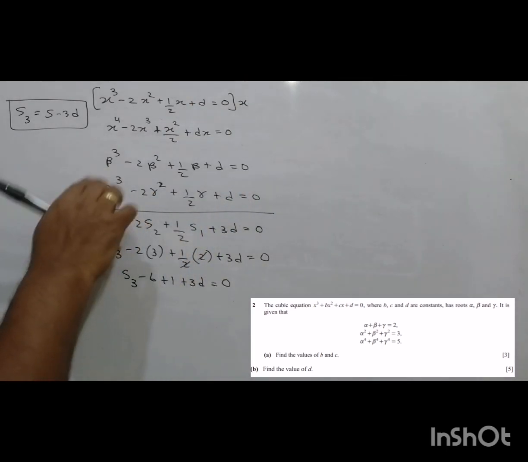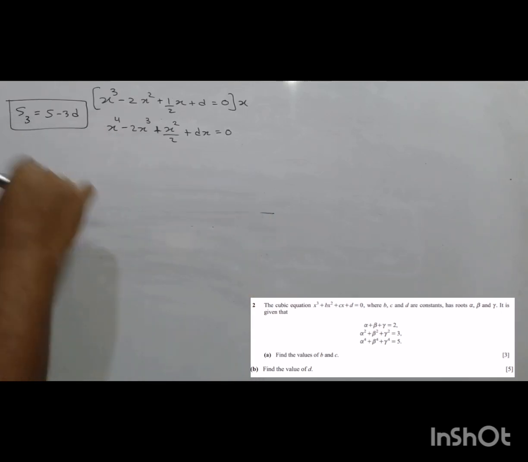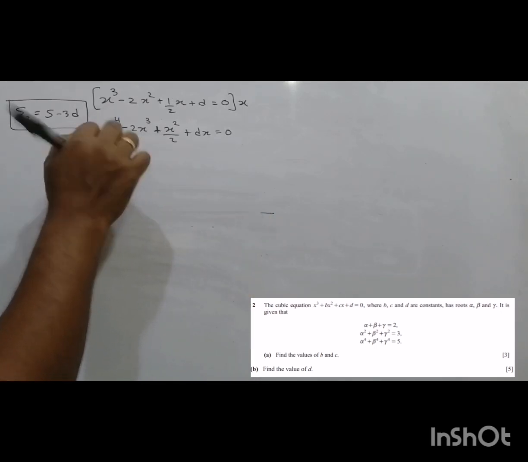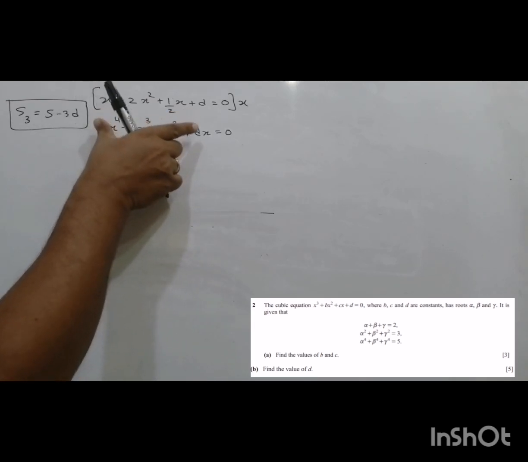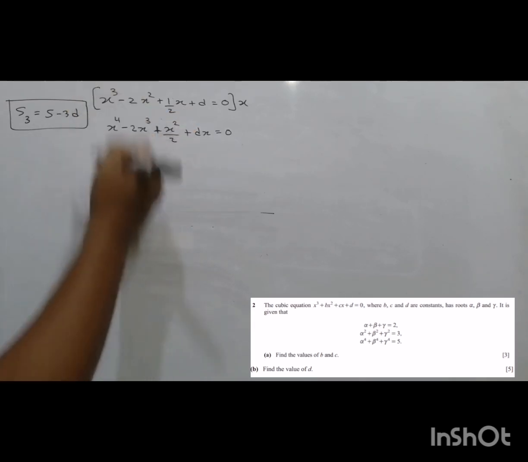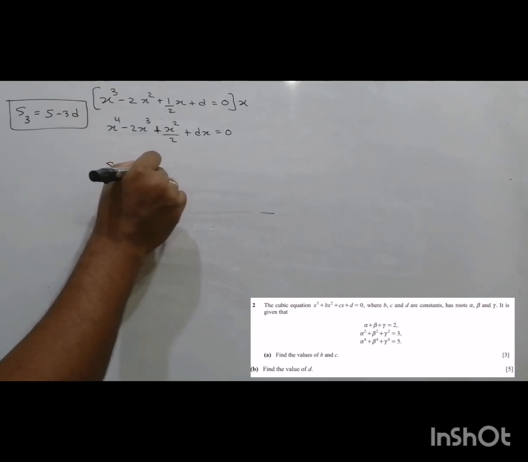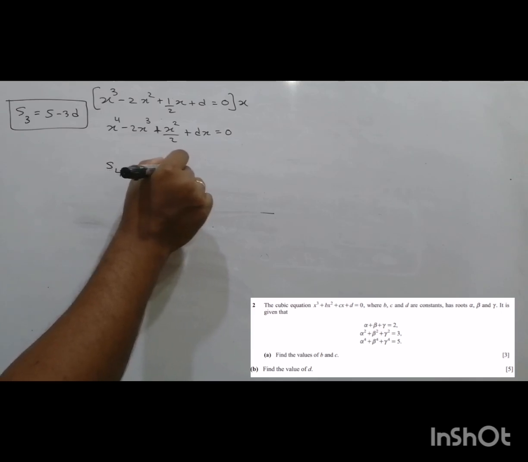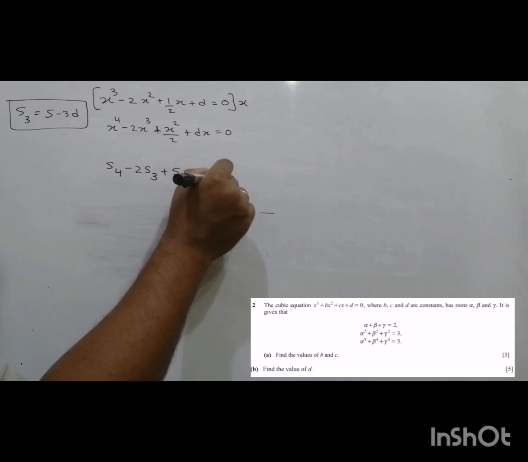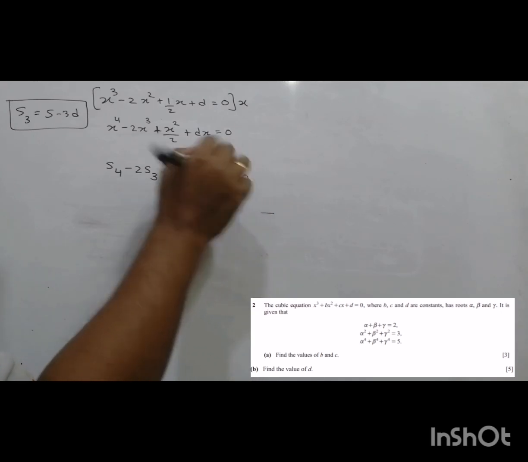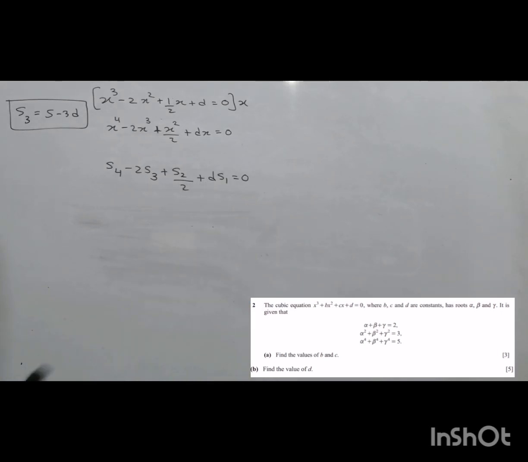Now we can do the same thing that we did earlier for S3. In this case, we would get S4 if we add alpha to the power 4 minus 2 alpha cubed plus alpha squared over 2, and do the same for beta and gamma. We would get S4 minus 2 S3 plus half S2, S2 over 2, plus D times S1, because alpha plus beta plus gamma is just the sum of the roots.